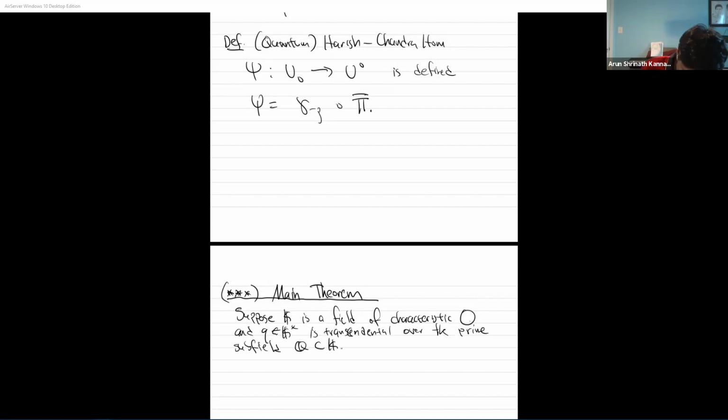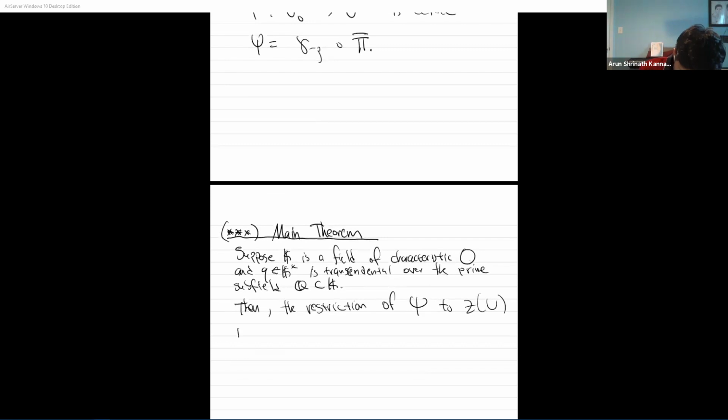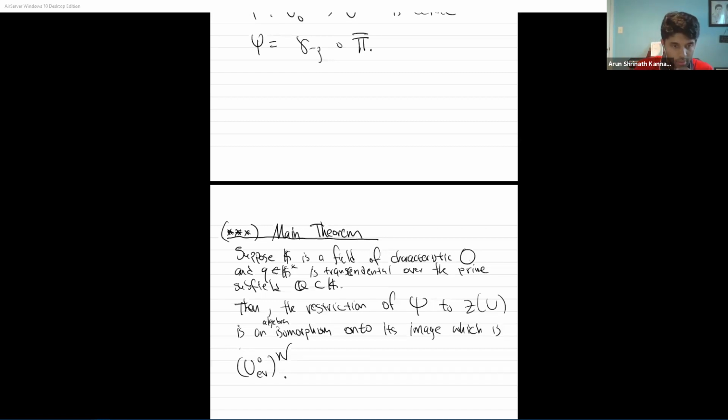Okay, then the restriction of psi to Z, the center of the quantum group, is an isomorphism onto its image, which is Q naught F. So this is an algebra isomorphism onto its image. Okay, and so this is what we're going to concern ourselves with.